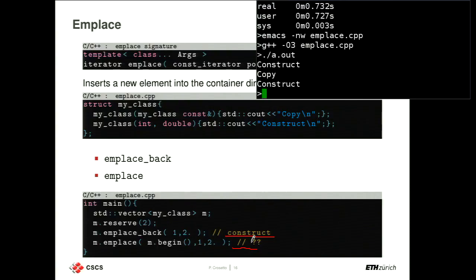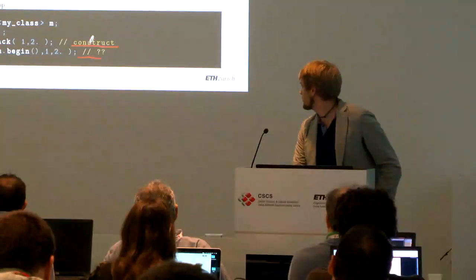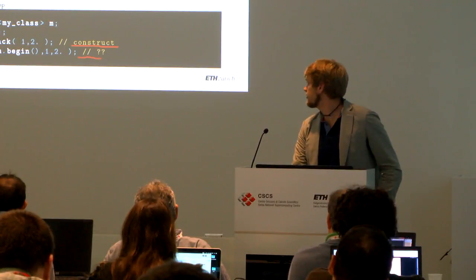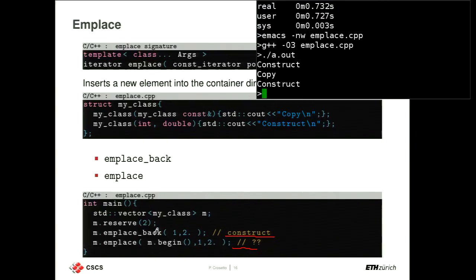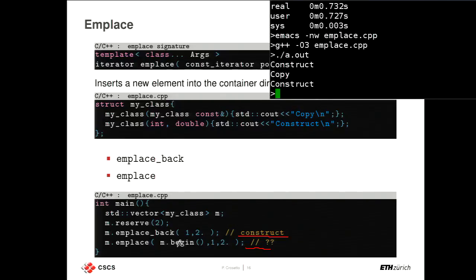So why is that? That's because this is a standard vector. I put something in the vector, and then I put something before it at the front, so it has to move the element one position. So it has to do one copy, so it calls a copy constructor.